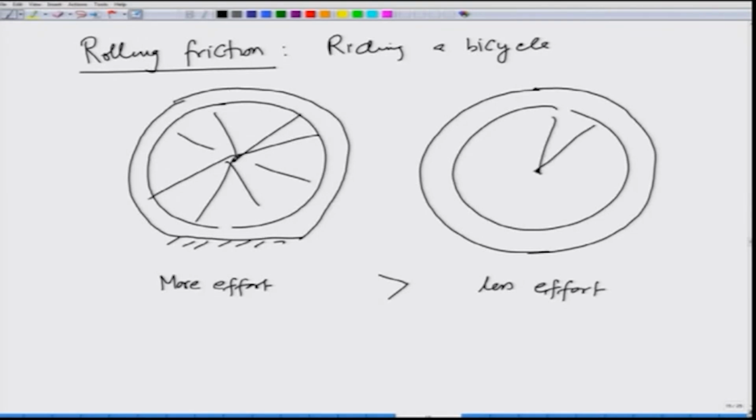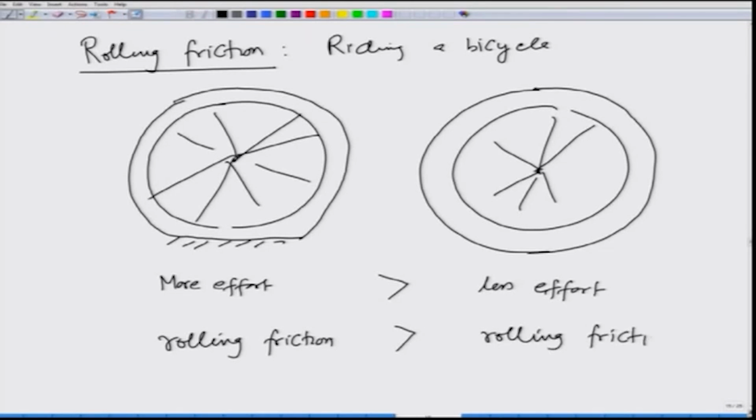So, naturally what we are going to say is that rolling friction in the case on the left hand side is greater than rolling friction when the pressure is more.